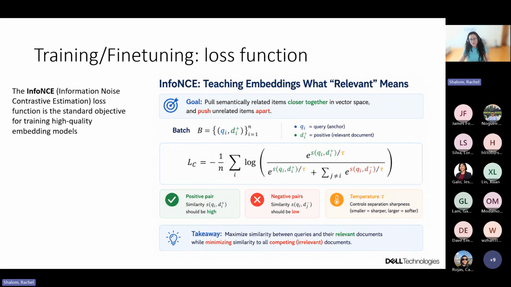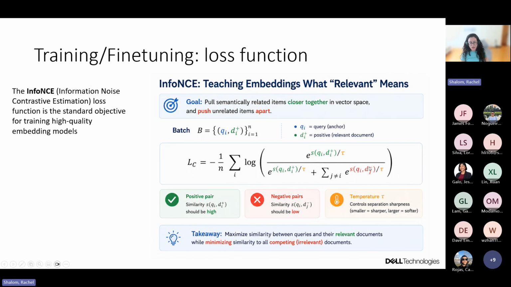So the idea is that we take a batch of questions and positive answers. Let's say we have a batch of 100, and then we use the log loss where on the top we have the exponent of the similarity, S is for similarity, of questions and positive documents, and in the denominator we have the positive similarity, plus a sum of the negative similarities.